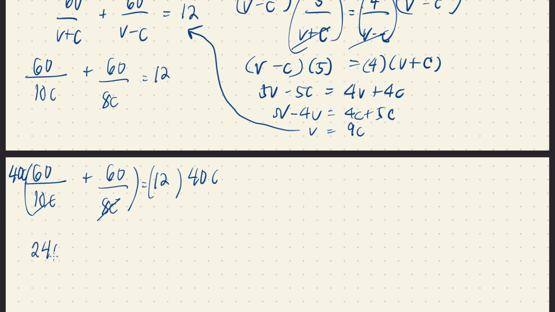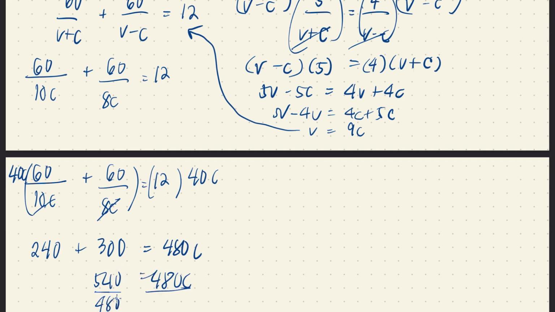It's 240 plus 40 divided by 8 is 5. So 5 times 60 is 300. Is equal to 12 times 40, it's 480c. So 240 plus 300 is 540 is equal to 480c.